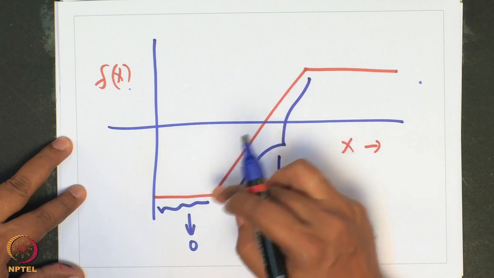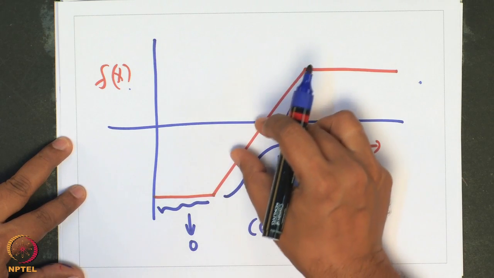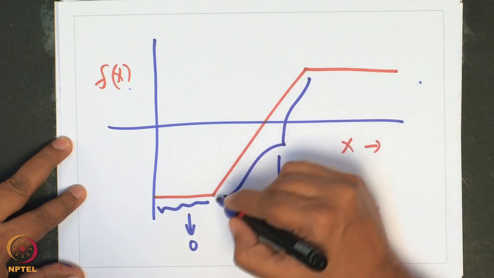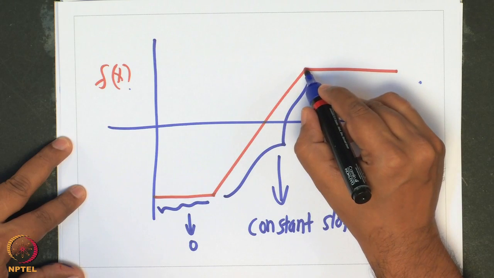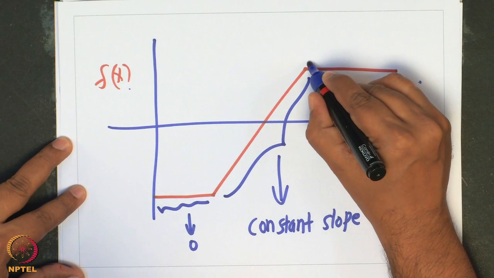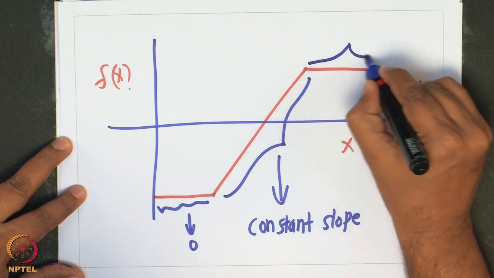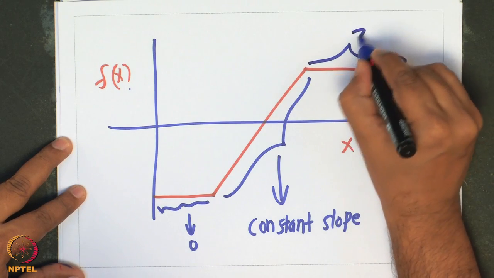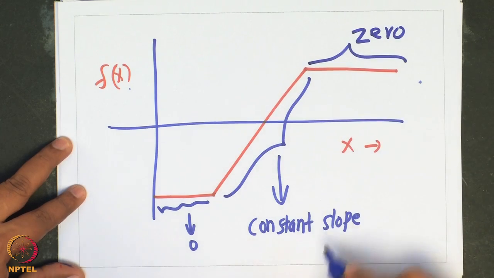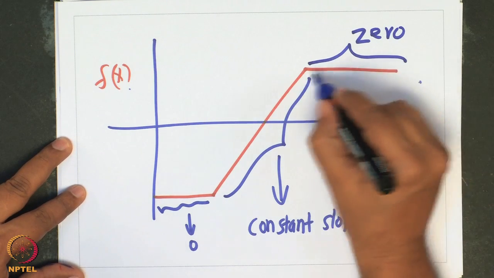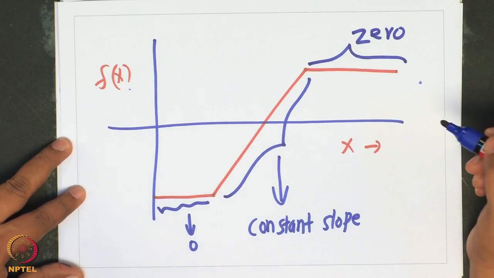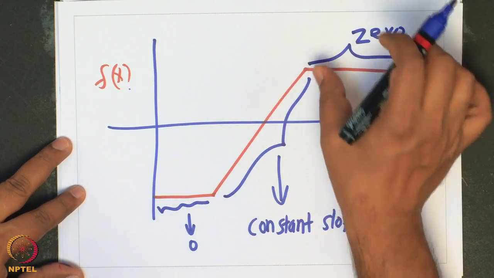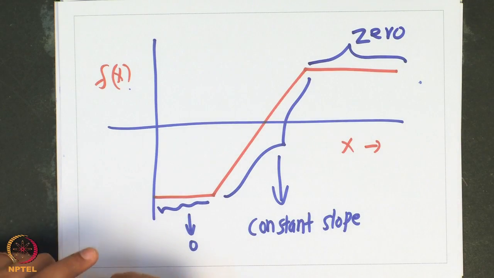If you take a straight line, the slope here is the same as the slope here. So, the slope of this curve is the same everywhere. And for this last part, again the function is a constant, so the derivative will be 0 because the function is not changing with respect to x. So, we expect 0 again.